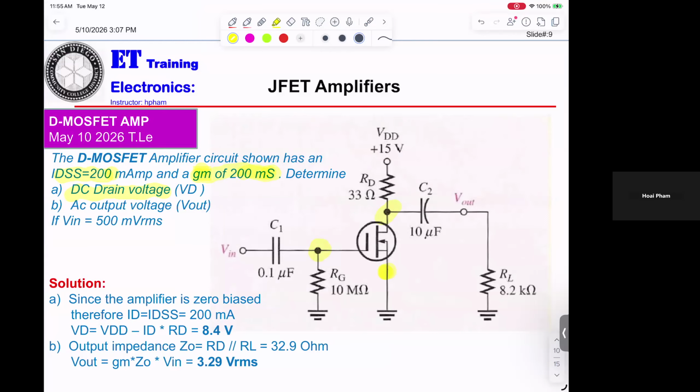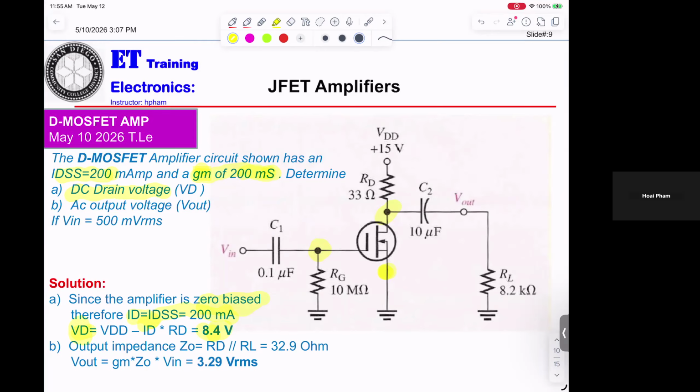Now let's see. Since the amplifier is zero bias, therefore ID equals IDSS at 200 milliamp. So you get the ID, you can calculate the VD. VD equals VDD minus ID times RD.